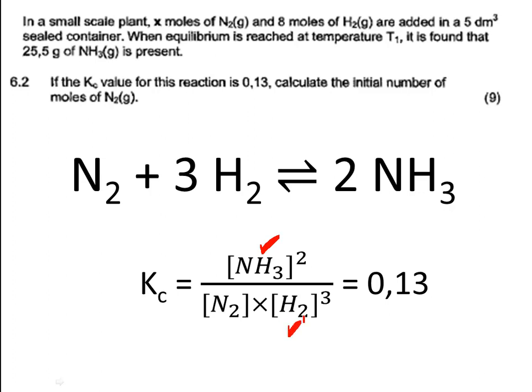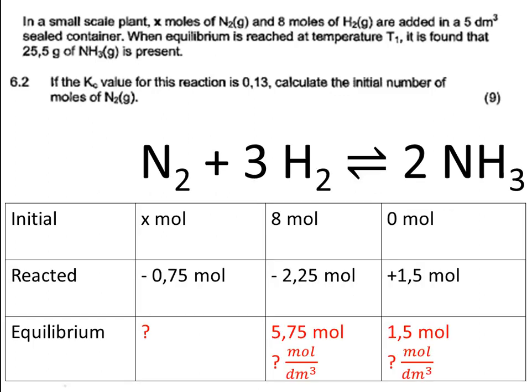So as long as we find their concentrations, we can plug those numbers into this formula, and then the only unknown will be the concentration of nitrogen, which is something we're trying to find out. So let's calculate the concentration of hydrogen and ammonia at equilibrium, so that we can then use Kc to find the unknown, namely the concentration of nitrogen.